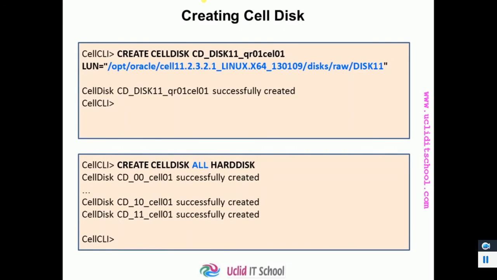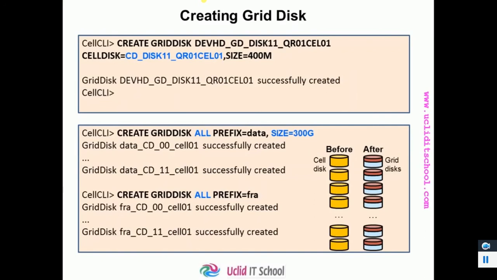Once the cell disk is created, you need to create a grid disk on the cell disk. This slide shows you how to create a grid disk. Create griddisk name, on which cell disk: celldisk equal to the cell disk name. And you can specify the size for the grid disk.